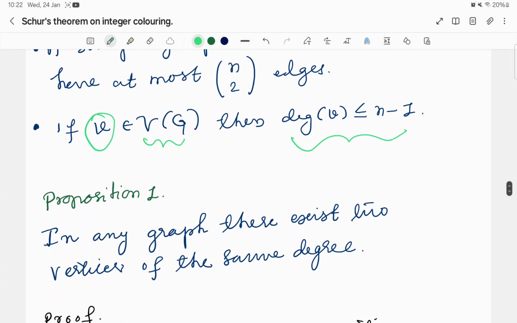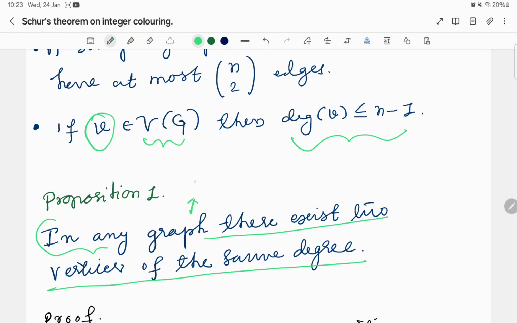Okay, now we go for the proposition. First proposition: in any graph there exist two vertices of the same degree. I'm talking about multigraphs now. You can verify it, allowing everything, loops and this.